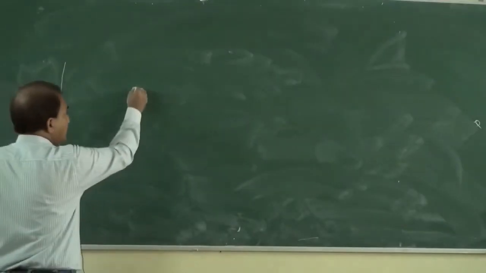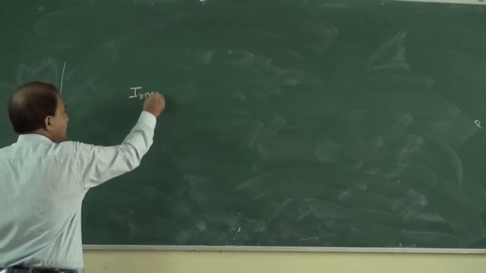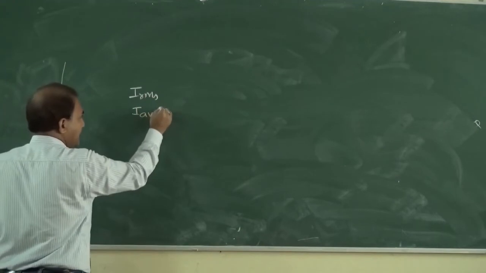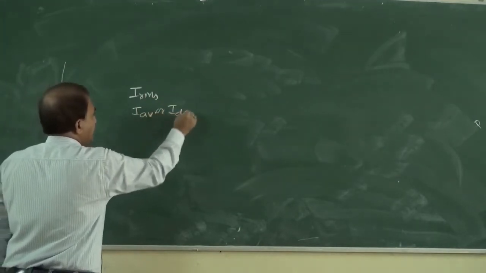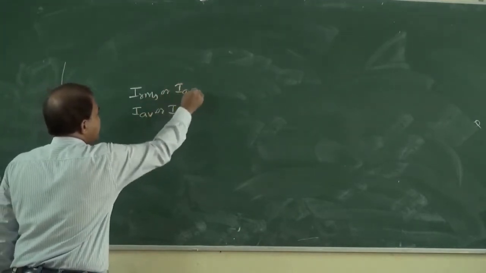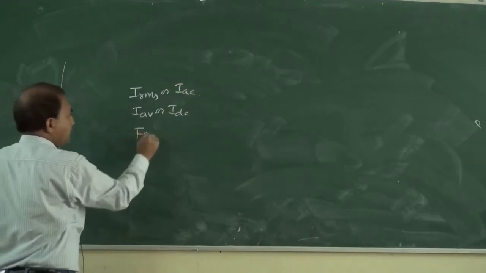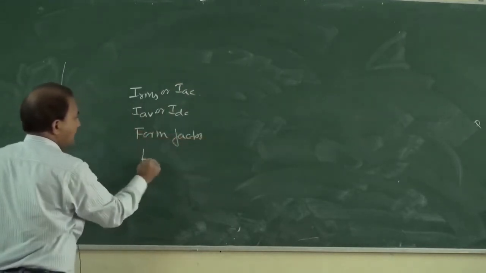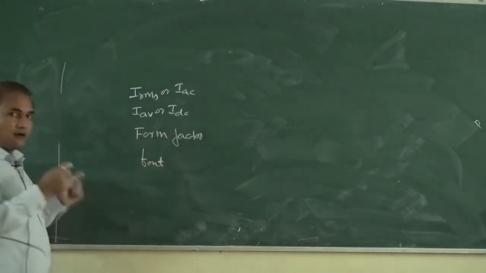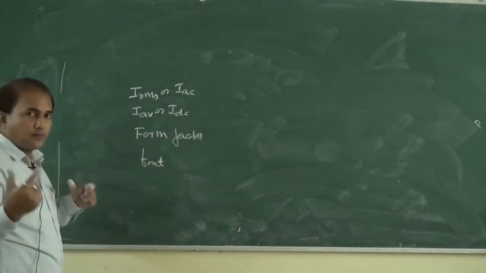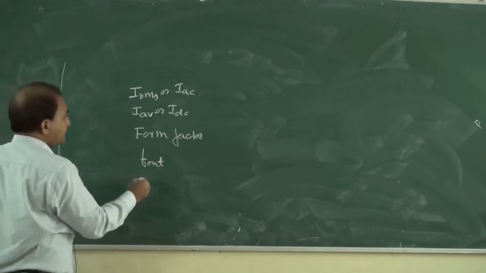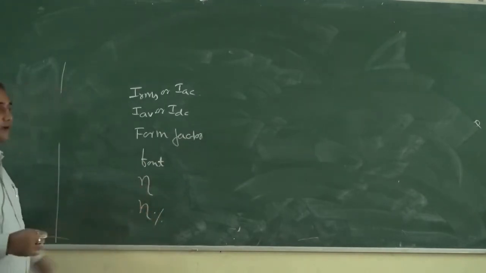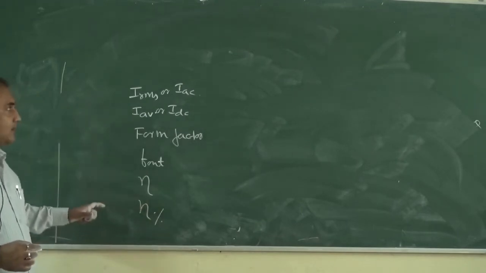So calculate Irms, I average or IDC, Irms or IAC, form factor, F out meaning the frequency of the output signal, then efficiency, and efficiency in terms of percent for a half wave rectifier.